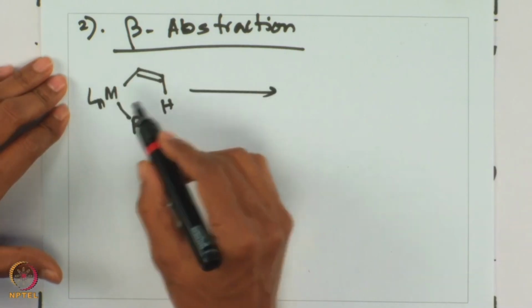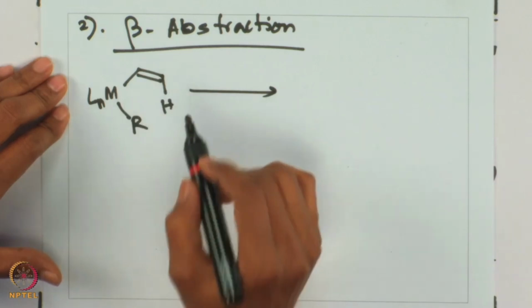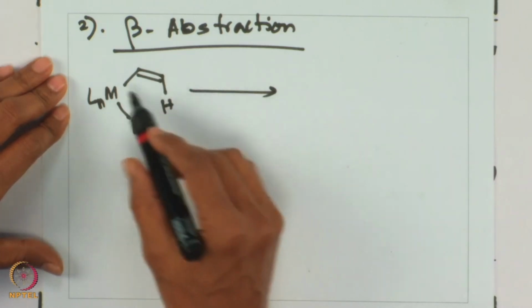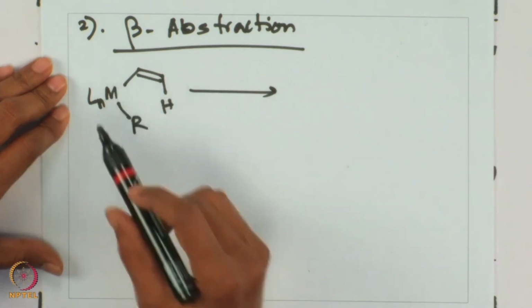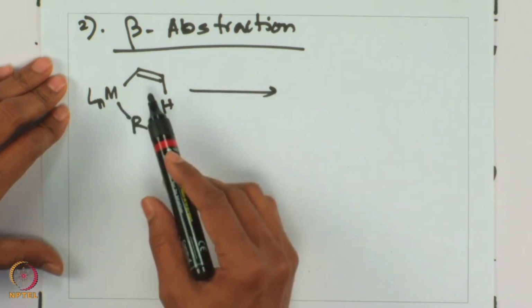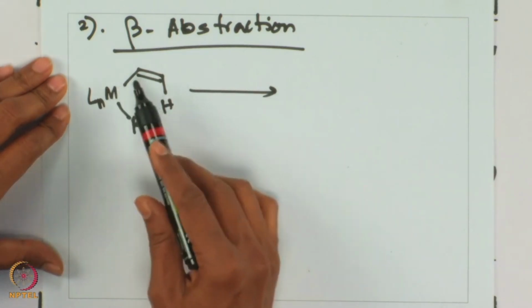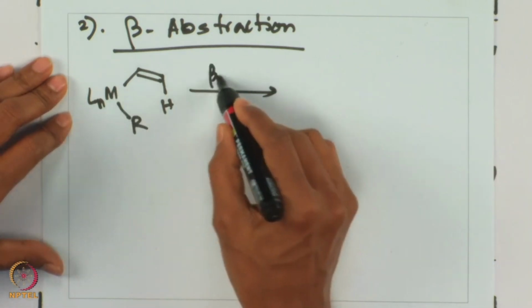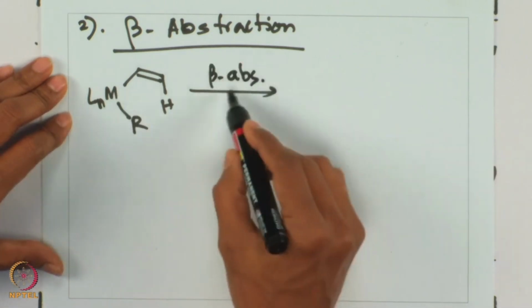From here on, there is no option but to undergo a beta abstraction, right. So, metal oxidation state is such that it will not be undergoing a beta hydride elimination, the only option it has is to undergo beta abstraction. So, this is a beta abstraction process.